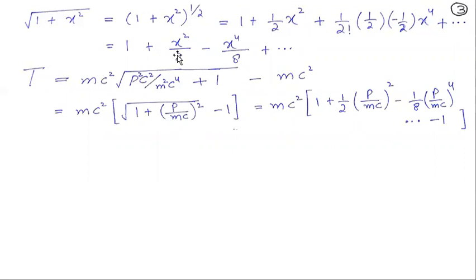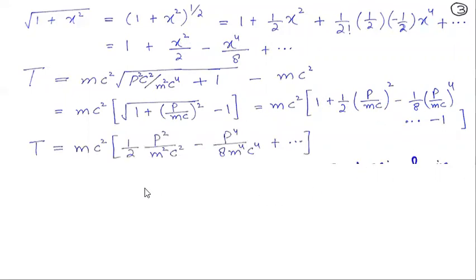So 1 plus p over mc square, to the power 1 by 2, and here p over mc power 4, and minus 1 will be cancelled out with minus 1, and we get the resulting expression of kinetic energy totally in terms of momentum. You can see that here we have kinetic energy in terms of momentum, and all the others are constants. c is constant and m is constant.